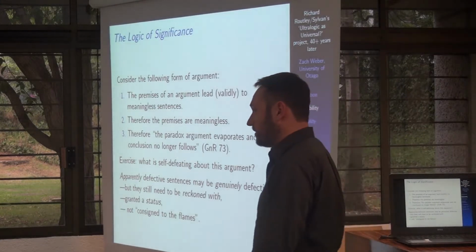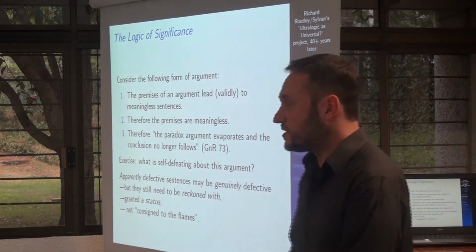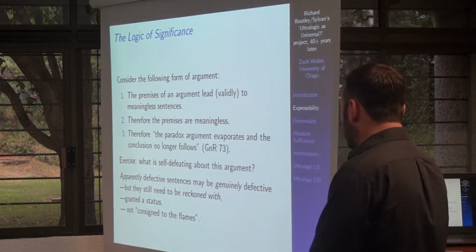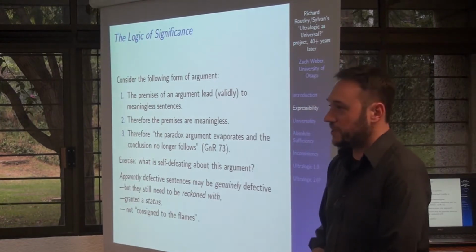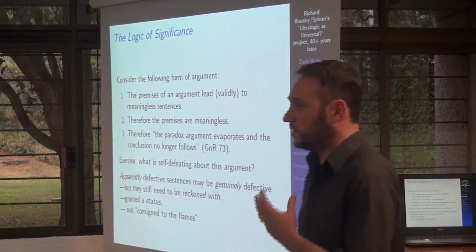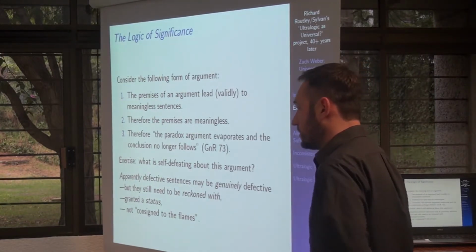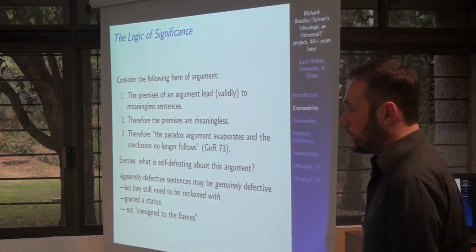Premise one says there's a valid argument to a meaningless sentence. If the argument then evaporates, then that's not the case anymore. So this kind of reasoning not only dismisses apparently legitimate objects, but it seems self-undermining in an important way. So even if one were inclined to dismiss such things, perhaps you can't do so without somehow refuting yourself in the very act.